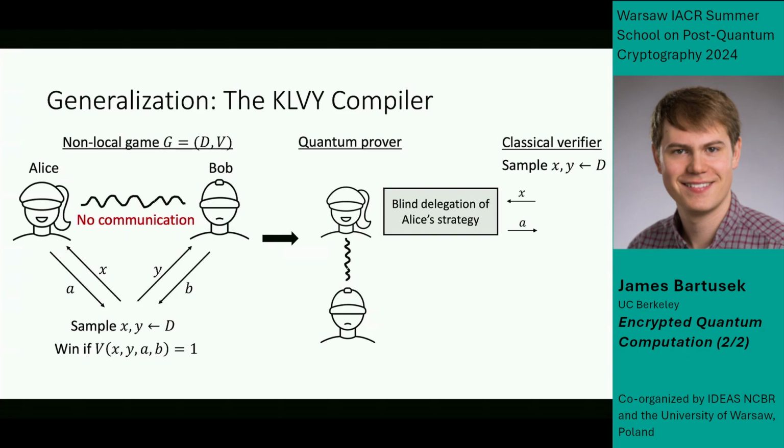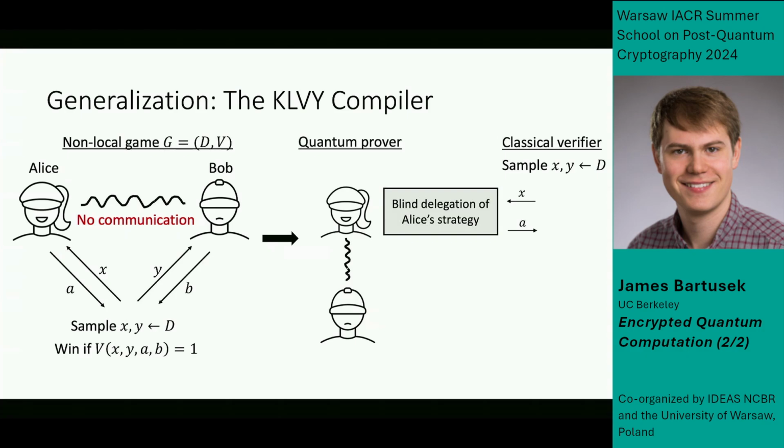Then in the first half of the protocol, the classical verifier and the quantum prover participate in a blind delegation of Alice's strategy. The verifier inputs X to this delegation protocol. The prover implements Alice's strategy, and the outcome, which is returned to the verifier, is Alice's answer. But crucially, the quantum prover doesn't learn what the verifier's input X is.